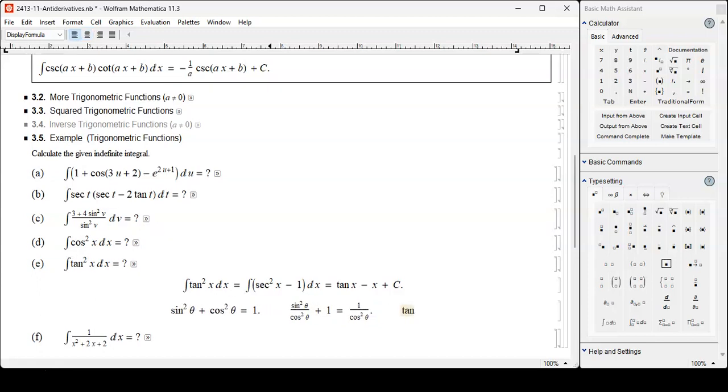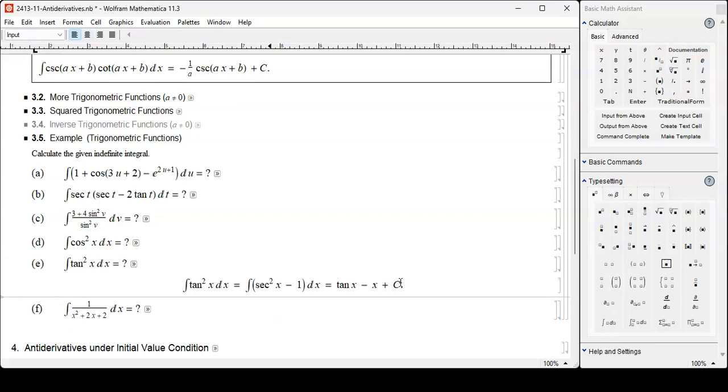So that's tangent. Plus 1, and 1 over cosine is secant. So you see, from here, you can easily deduce the other one. Dividing both sides by sine squared, you're going to get cotangent squared plus 1 equals cosecant squared. So they're all important. Pythagorean identity.